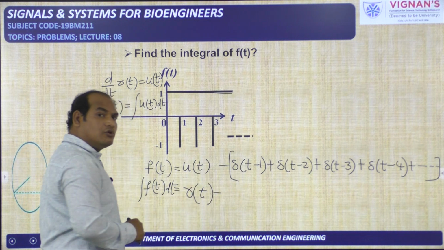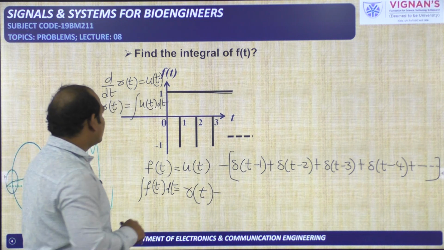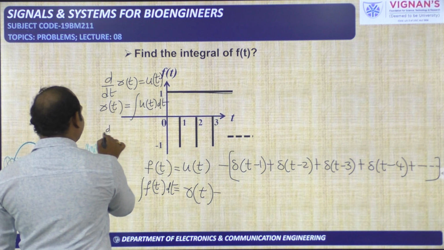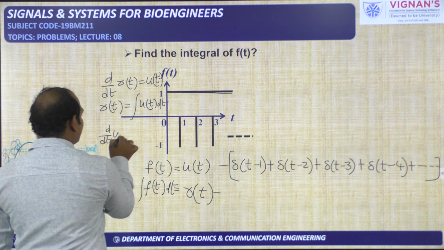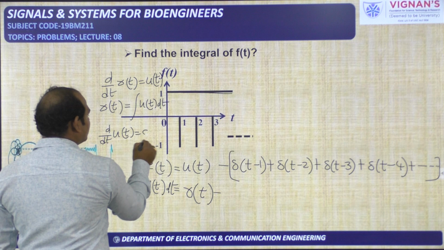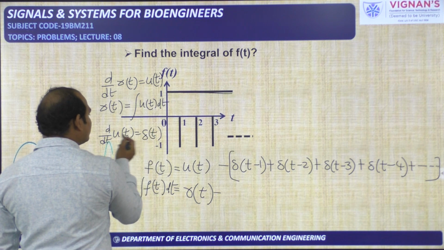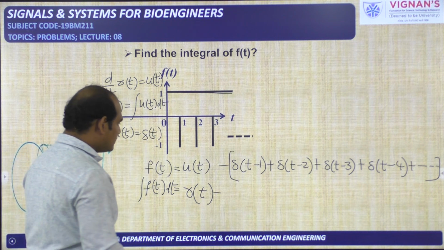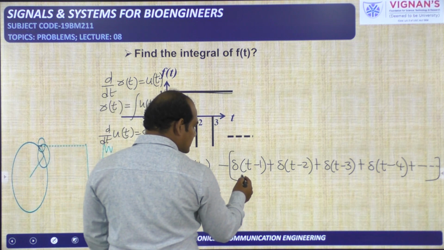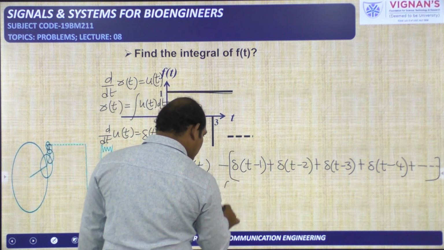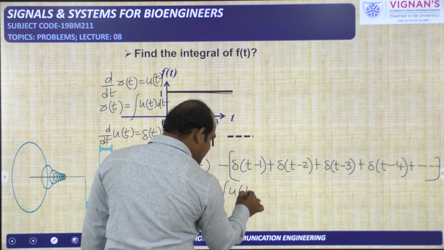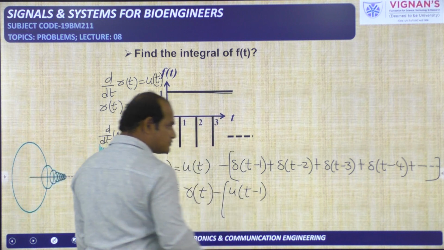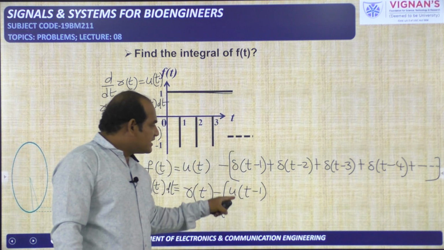Integral of del will give u. We saw d by dt of u of t is equal to del of t. That means integral of del will give u of t. But this is shifted by 1 second, so you will also get a unit step signal shifted by 1 second. Del of t integration is u of t.